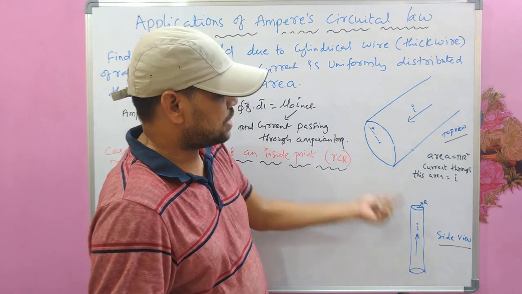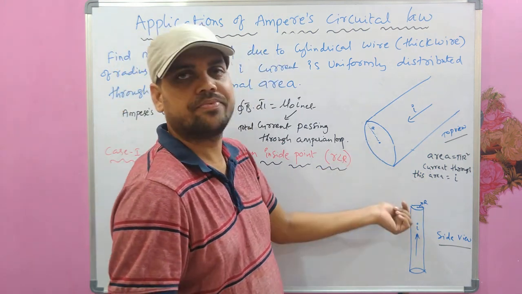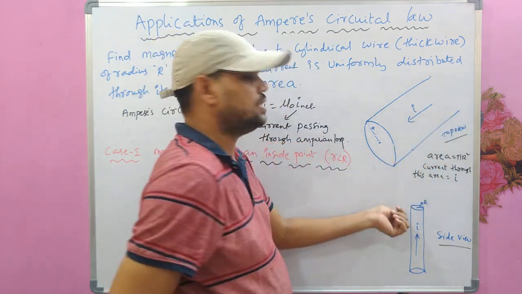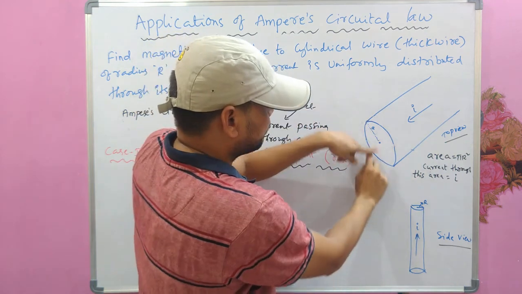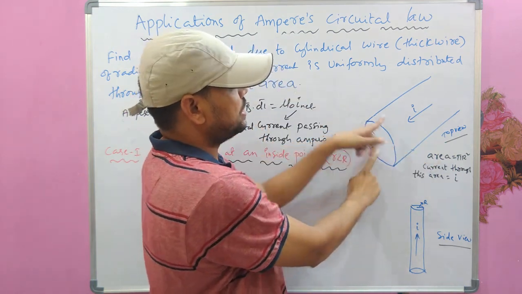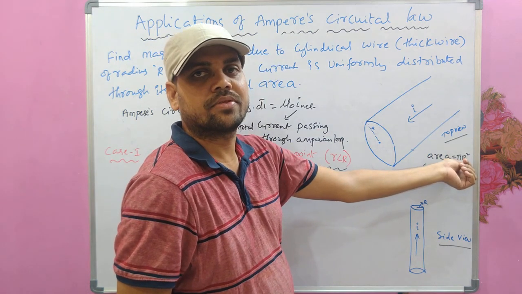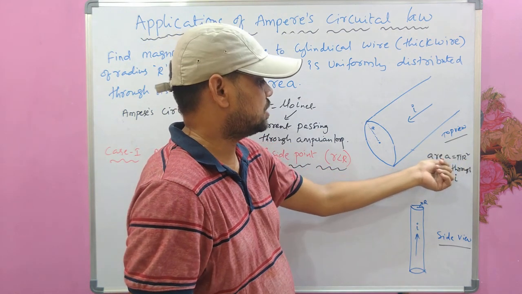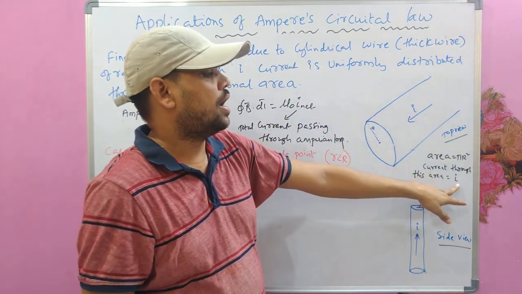This is the top view for this picture, an enlarged picture. Current I is flowing like this, its radius is capital R, and the cross sectional area of this wire is pi R square. This is the cross sectional area, and the current passing through that area is I.